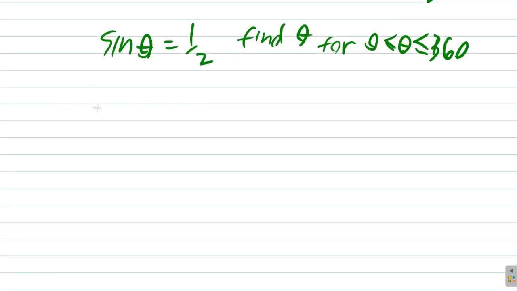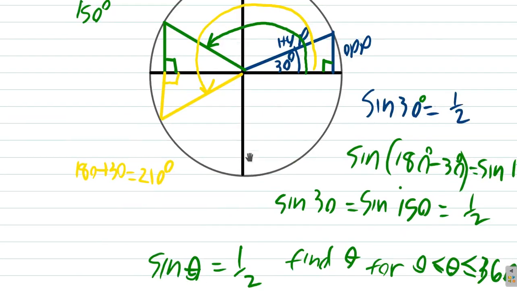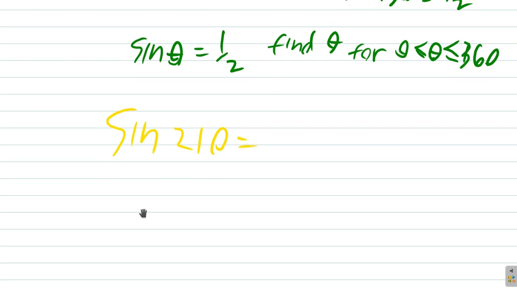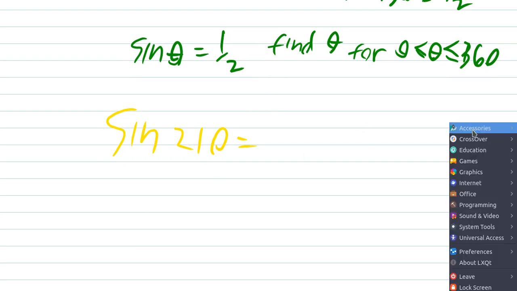Now, let us find the sine of 210 degrees and see what it would give us. Is it going to give us the same half or something else? Because guess what? It's the same triangle. Let us see what is going to happen.